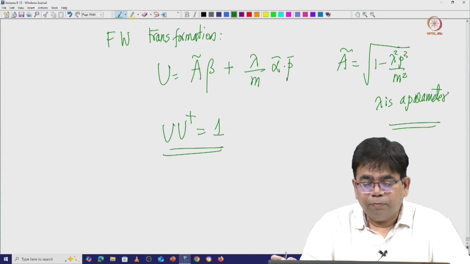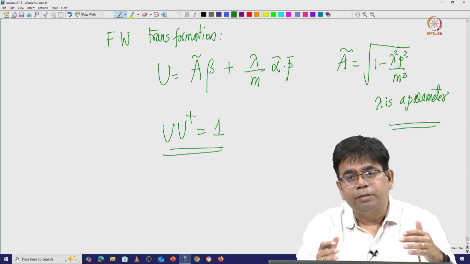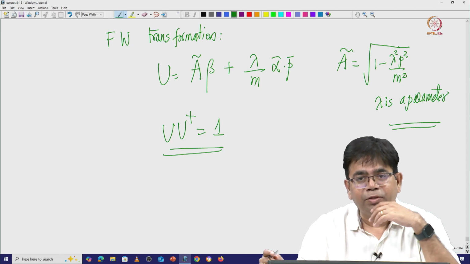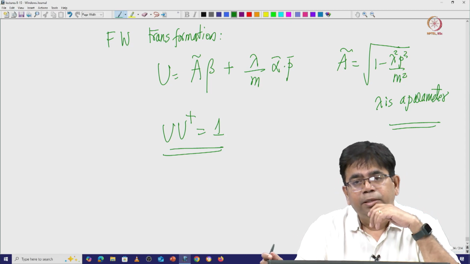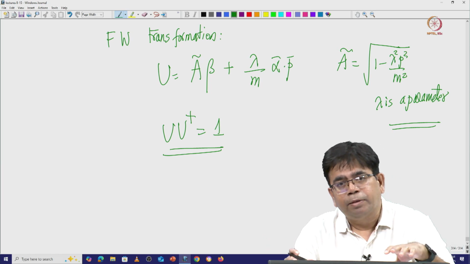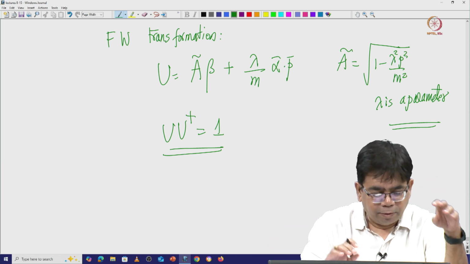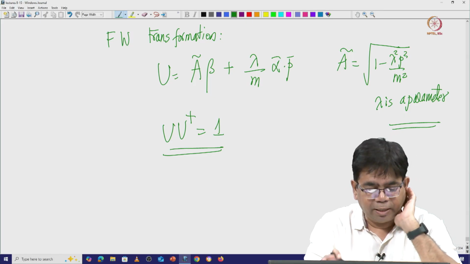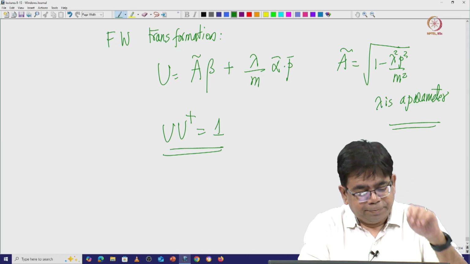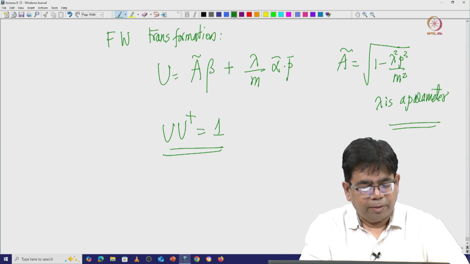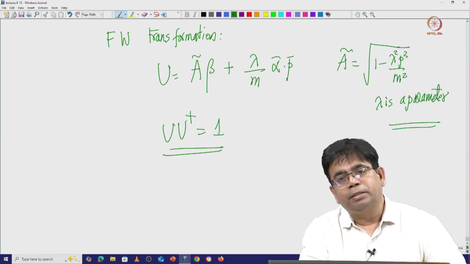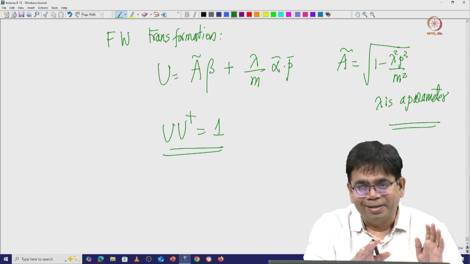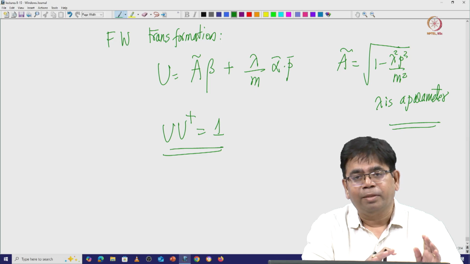Okay. So we want to apply this transformation on the Dirac Hamiltonian, written in that particular fashion in the presence of the potential. We claim that it gives you the correct non-relativistic limit, with relativistic corrections, of the Dirac equation.